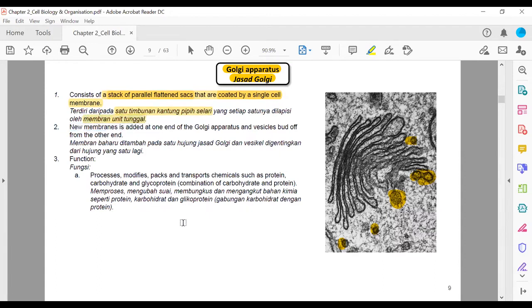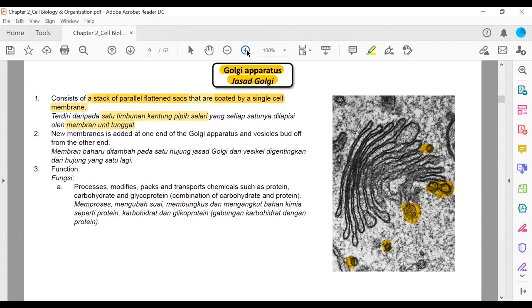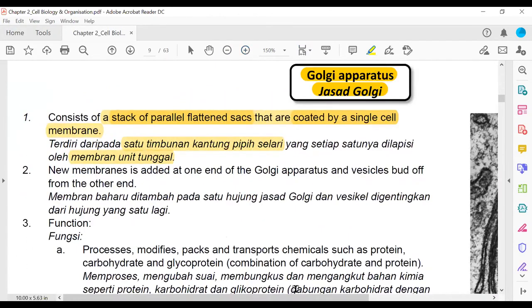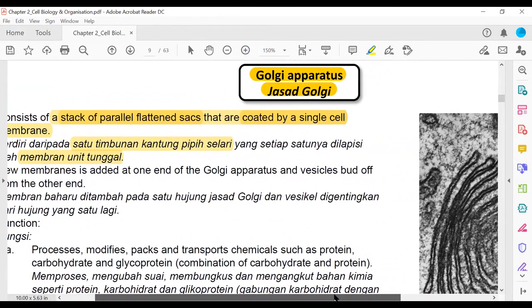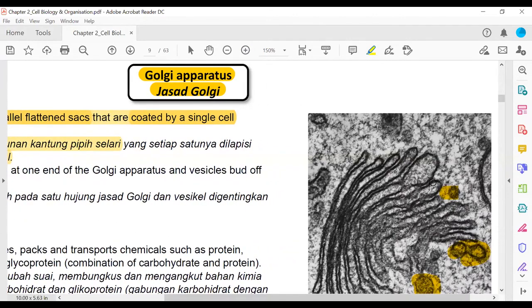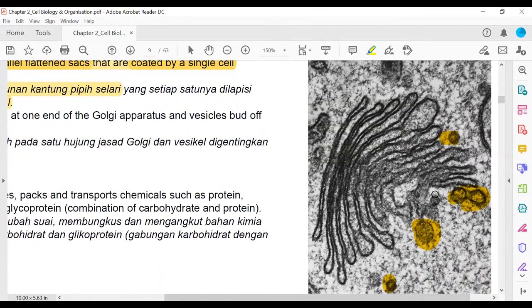Okay, now let me make this picture larger a bit. Stack of parallel flattened sac, timbunan kantung pipih. Okay, let's see from this picture. Cuba kita lihat gambar ini. Baik. Mana dia flattened sac ataupun kantung pipih ni? This one. You see this?